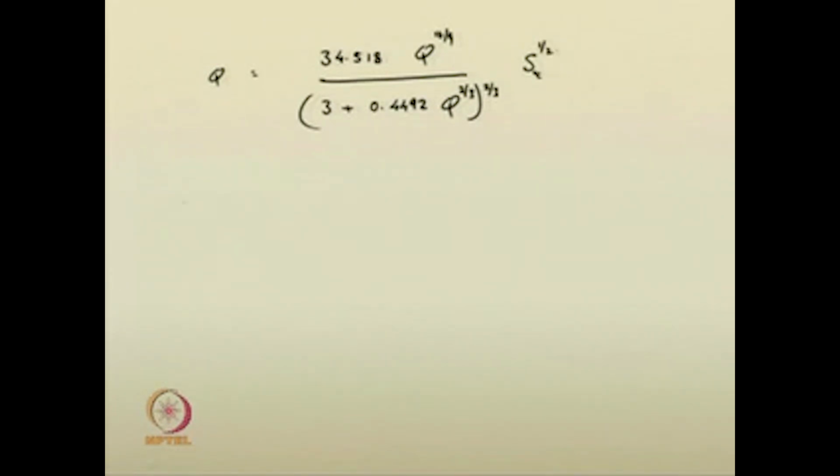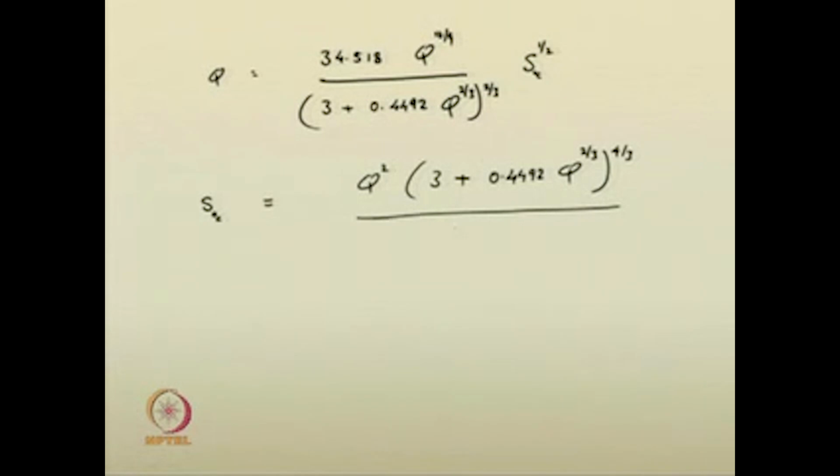Or this equation can be rearranged as S naught C is equal to Q squared into 3 plus 0.4492 Q to the power of 2 by 3, whole to the power of 4 by 3, divided by 1191.449 Q to the power of 20 by 9. Like this you are getting the terms.